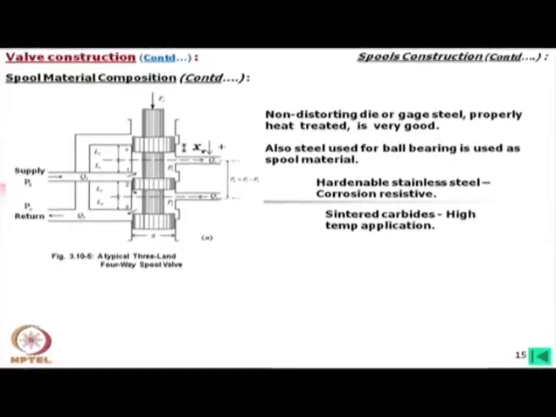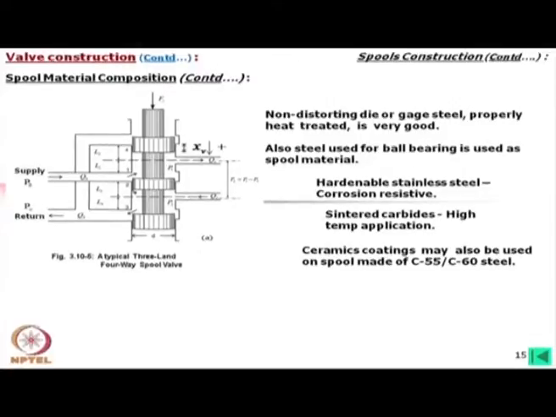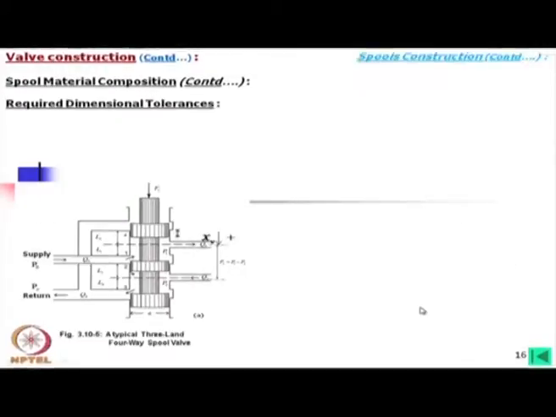Sintered carbides are used for high temperature applications. Also, we can use relatively high carbon steel, say C45, C60, with ceramic coating on it. Nowadays, coating technology has developed so much. So, a weak material and then coating may also be used, which may reduce the cost in mass production.